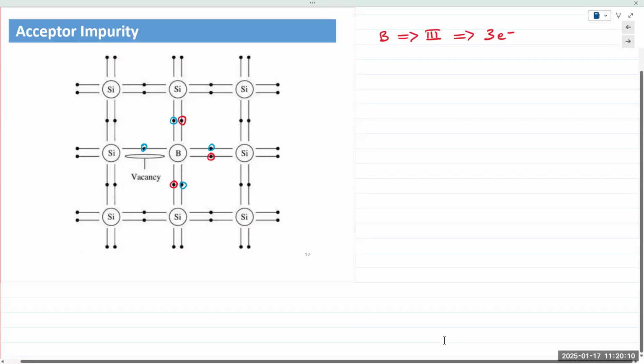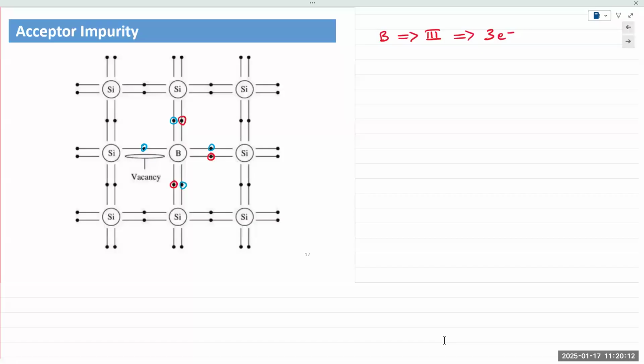Now, when we are flooding an intrinsic semiconductor with a whole bunch of boron atoms in a very small space, there'll be millions and billions of these vacancies. So now, because there's an empty spot in the crystal structure, the electrons from anywhere in the lattice structure are free to jump into those vacancies.